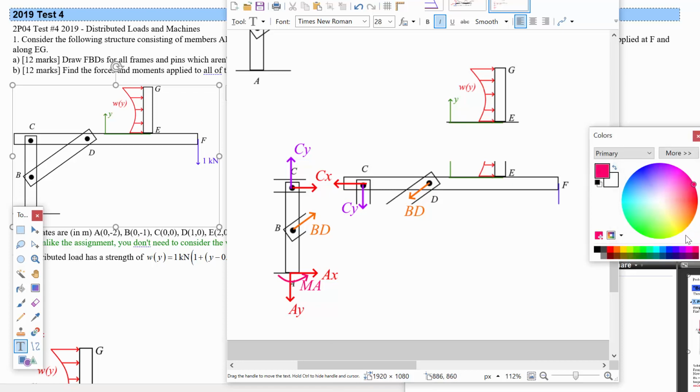So here at E, we've got a moment like that, and then we'll put it the other way on this one. Be careful to check that it makes it spin in the other direction when you apply this moment. We'll call this ME. And then we've got some forces, right? We've got a force in y.